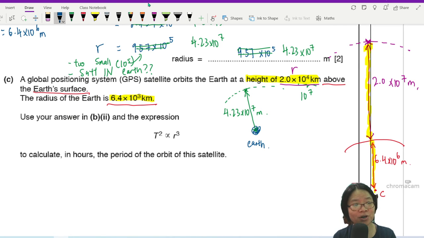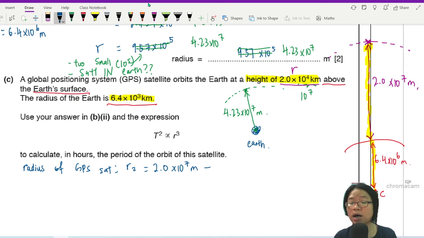So I'm going to consider the radius of the GPS satellite. I'll call this big R, R2. R2 will be 2.0 times 10 to the power of 7 meter above the Earth's surface, so we need to add this 6.4 times 10 to the power of 6 meter.